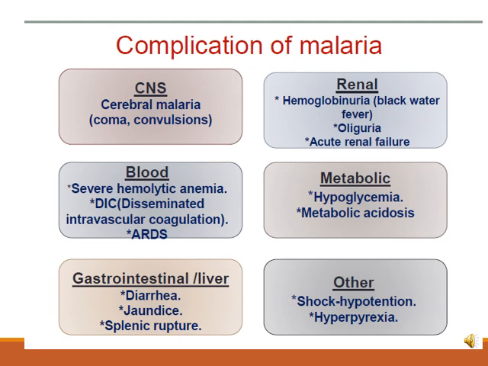The metabolic complications are hypoglycemia, because the liver is diseased and the regulation of glycemic control is disturbed, resulting in hypoglycemia and fits as well. Severe metabolic acidosis. Other complications are due to shock, hypotension and hyperpyrexia.